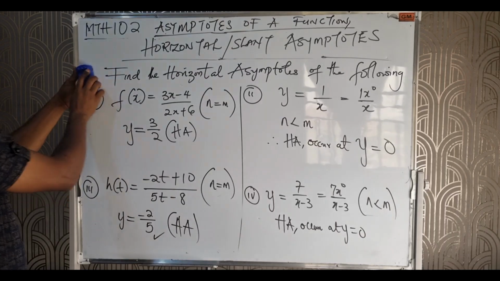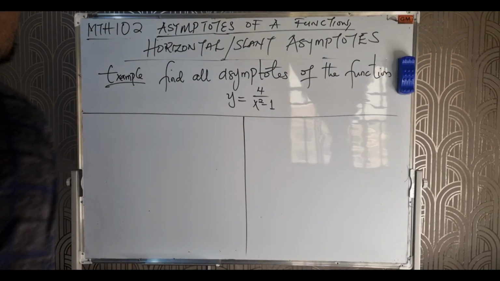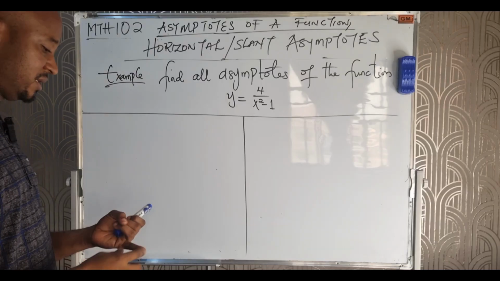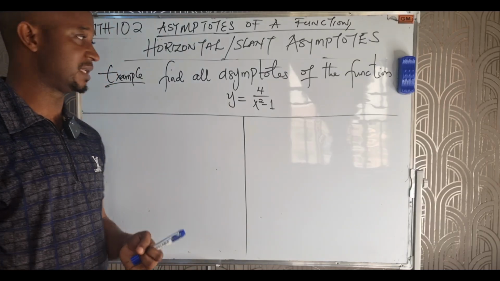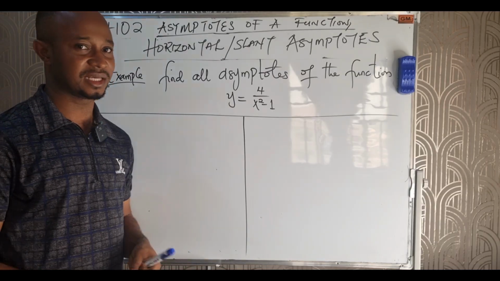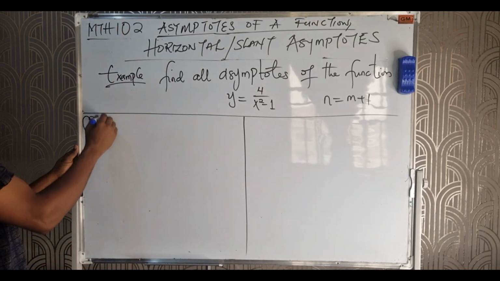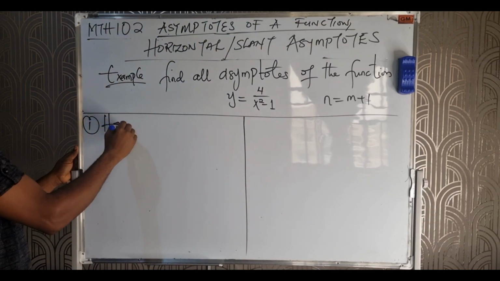Let's see another example. We have a question that says find all the asymptotes of the function. When they say find all the asymptotes, that means find both the horizontal and vertical, and if there's a slant, you can also find the slant asymptotes. So let's look at the horizontal asymptotes first.